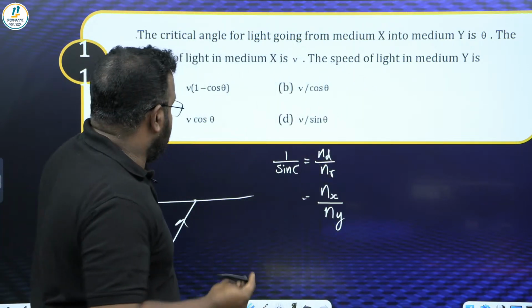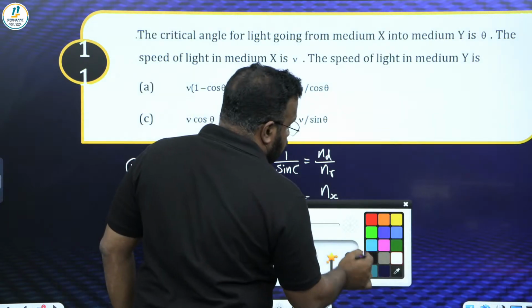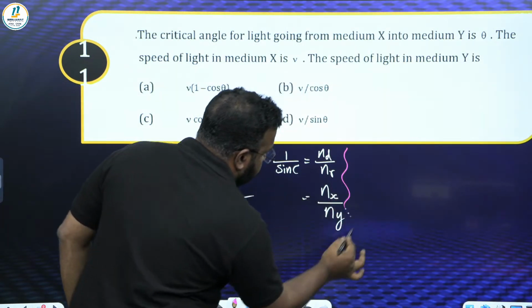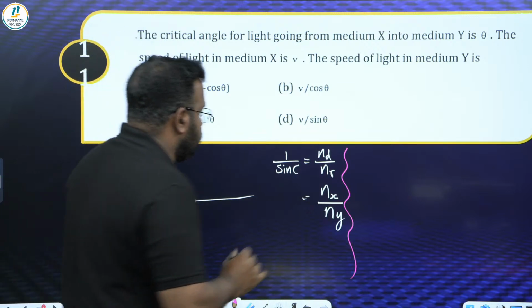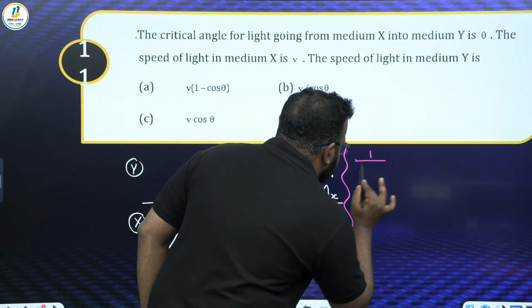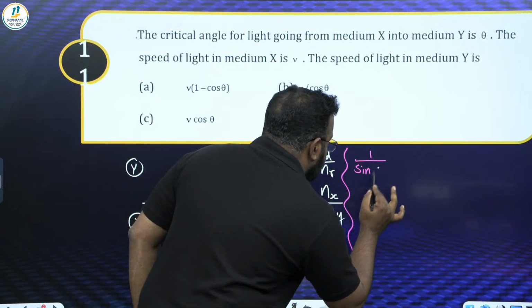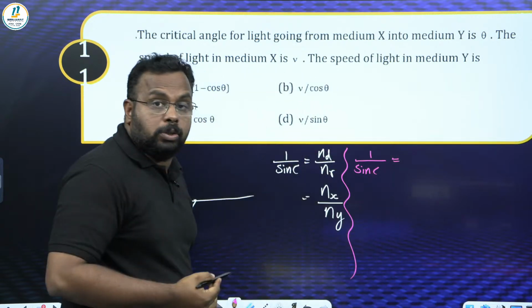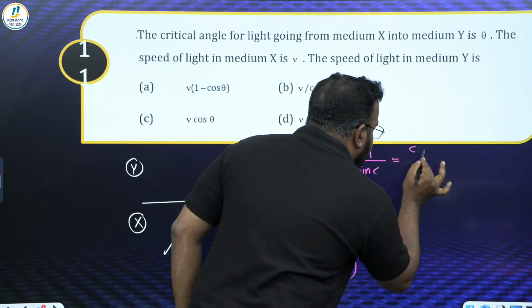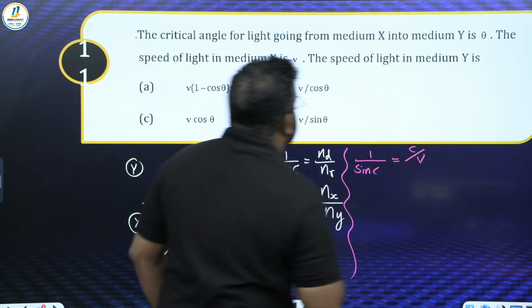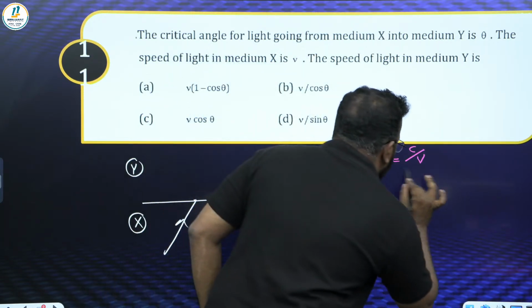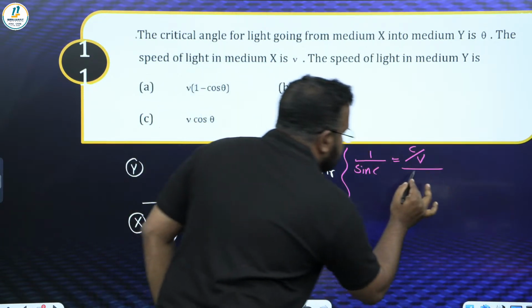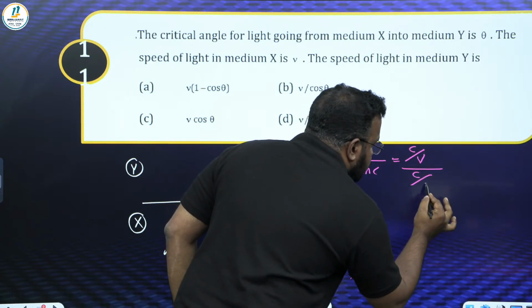Now they are asking a question based on the speed. You know the relation between refractive index and speed. So the LHS is 1 by sin C, I'm keeping it as it is. And NX, n is equal to c by v, so c by V, V in X. The speed of light in medium X is V. Divided by NY, which will be c by, that we don't know, let's take it as V dash.